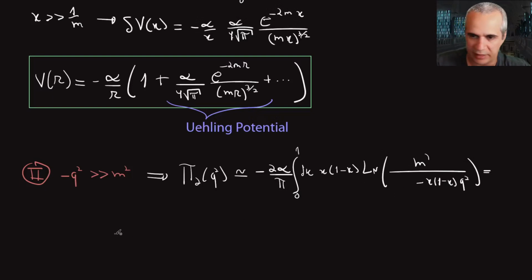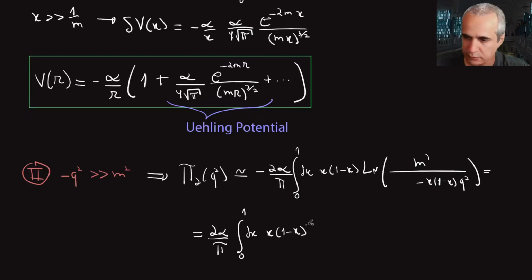I can rewrite this as 2 alpha over pi, I brought some sign outside from somewhere, integral 0 to 1 dx, x 1 minus x times the log. That's where the sign comes from. I brought q squared to the numerator, minus q squared over m squared.